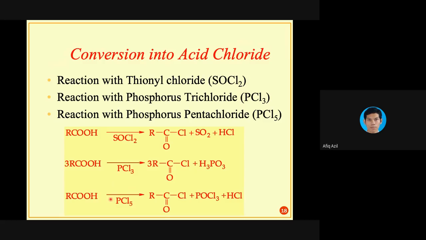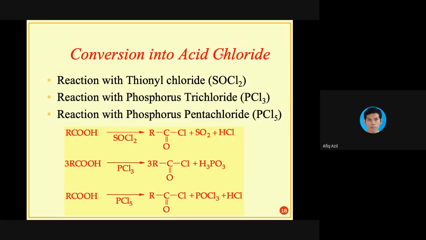And when you use PCl5, phosphorus pentachloride, you have RCOOH. The product is still the same, the OH gets replaced by Cl. But in this case, the reaction only requires 1 mole, and the product is also 1 mole. The only difference is the byproduct, in which you are going to get POCl3 and also HCl.